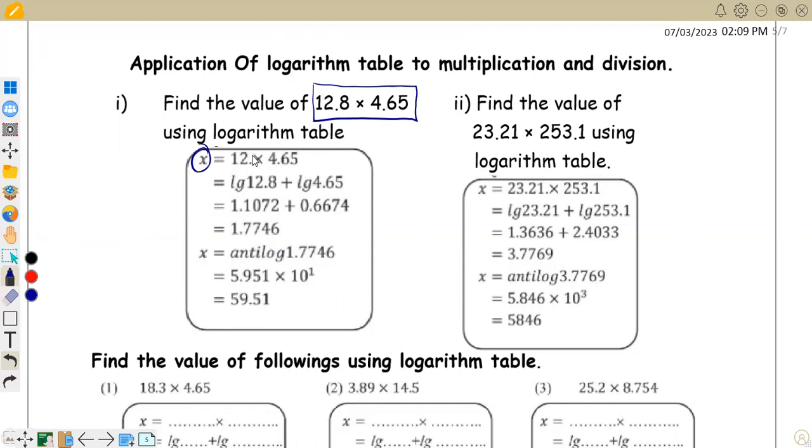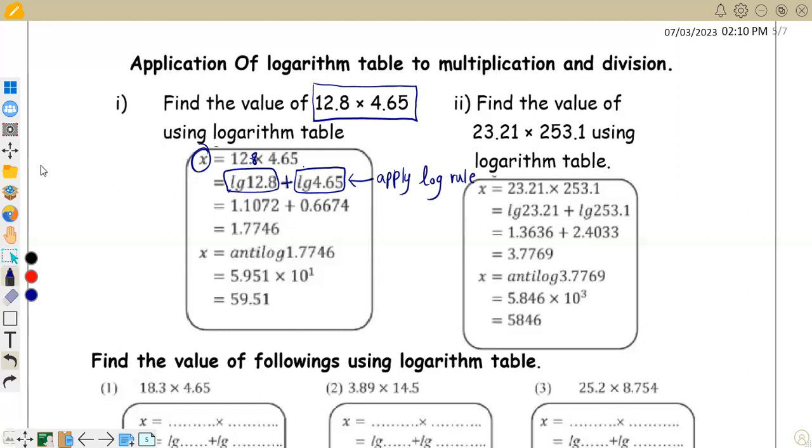Then x equals 12.8 times 4.65. Then the second step, you have to apply the log rules. Here, look, it is a multiplication. Then these two values should be separated using addition, or you have to take the sum of these two. When you take the sum, don't forget to write lg or logarithm to the base 10.